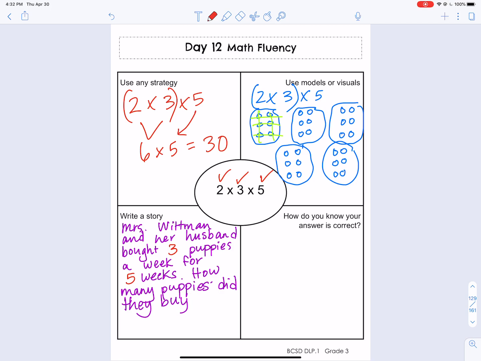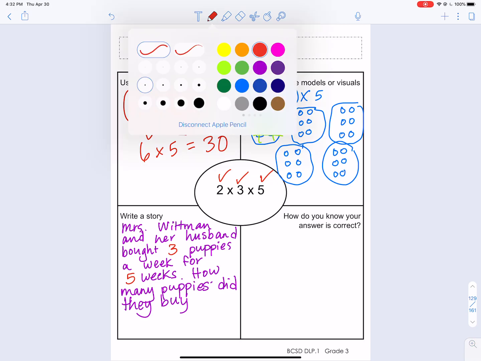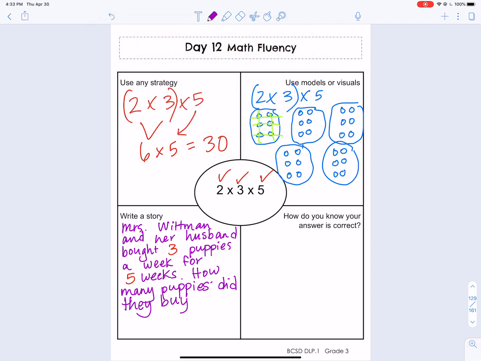So how many puppies did they buy altogether? And I would find the answer by multiplying, again, 2 times 3 times 5. 2 because 2 people buying the puppies, 3 puppies a week for 5 weeks.